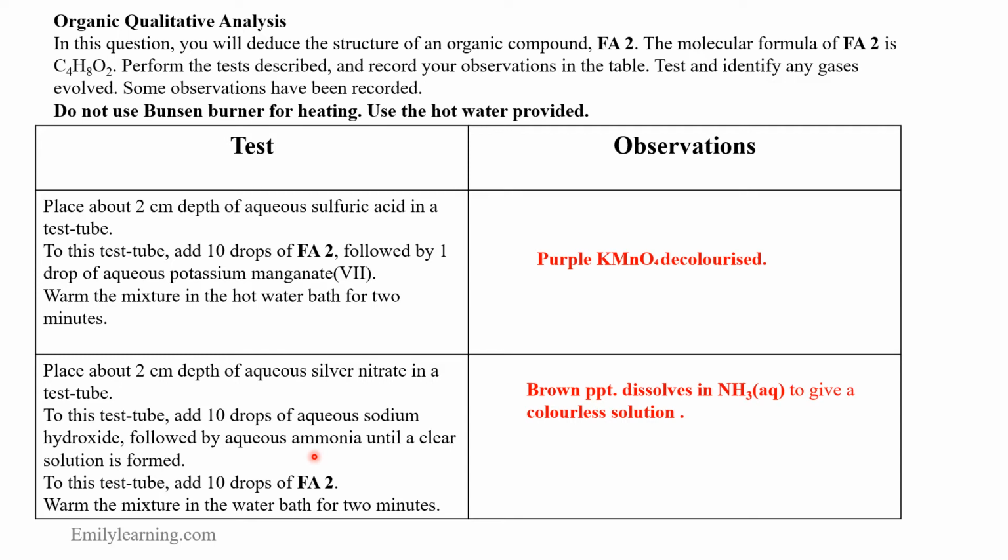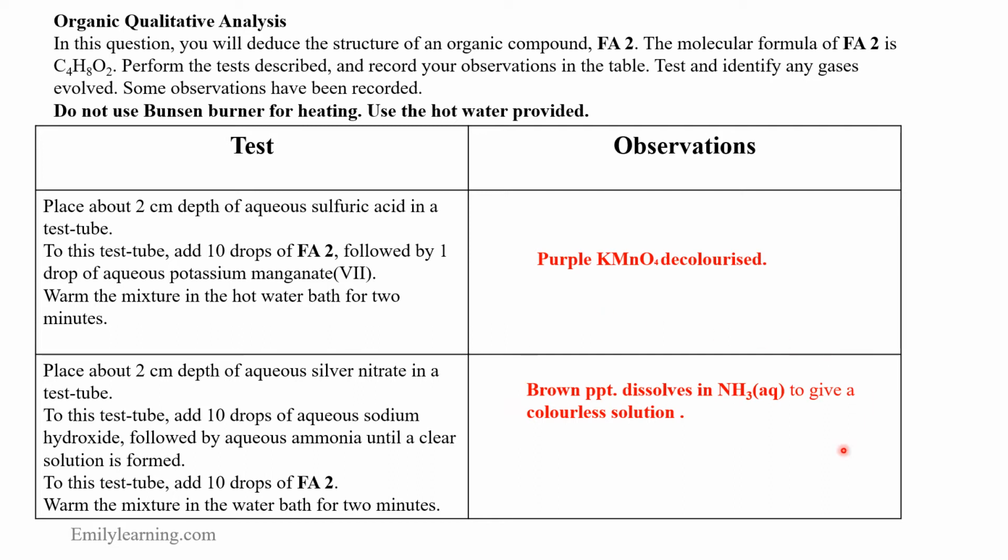So this first step involves creating the Tollens reagent. After you have created the Tollens reagent, then you add in Fa2 to test for the presence of aldehyde group.